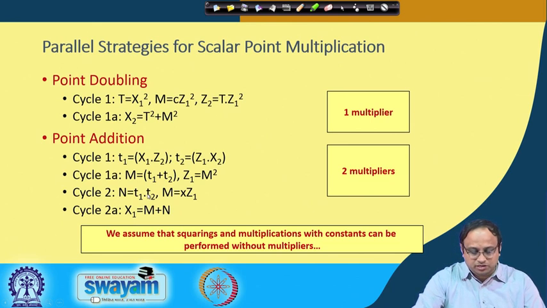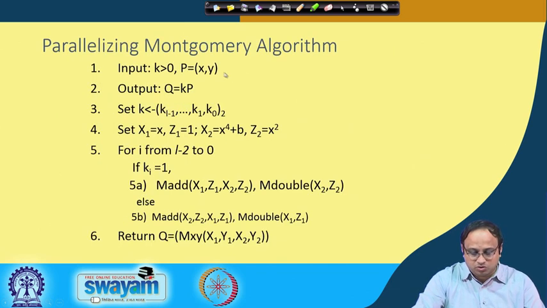So, the whole idea is that we assume that the squarings and the multiplications with constants can be performed without any explicit multipliers. So, with these equations in mind, and with this kind of computation required for doubling and addition, let us try to see how we can parallelize the Montgomery algorithm.